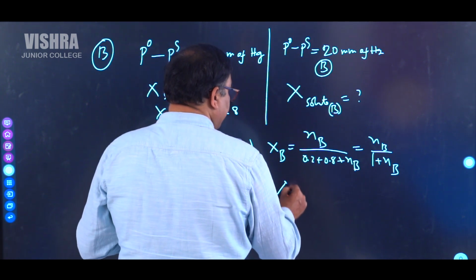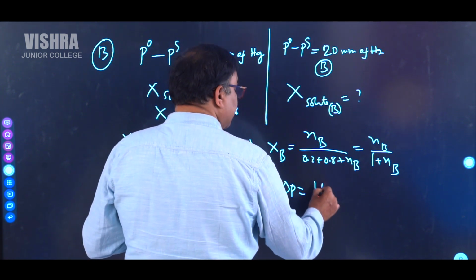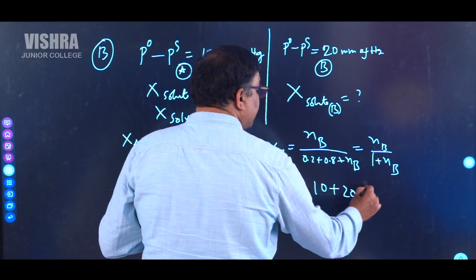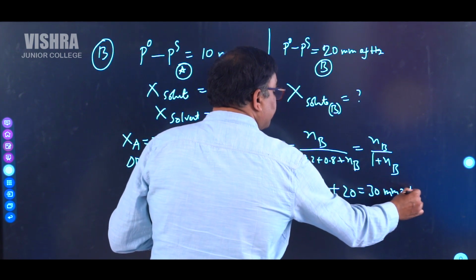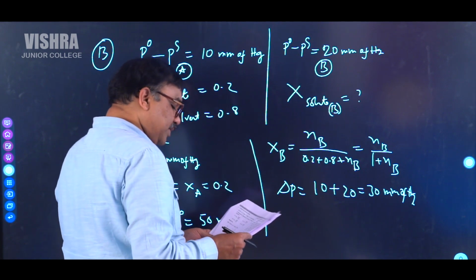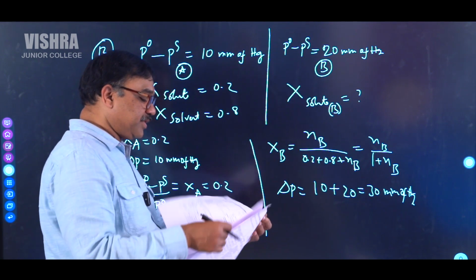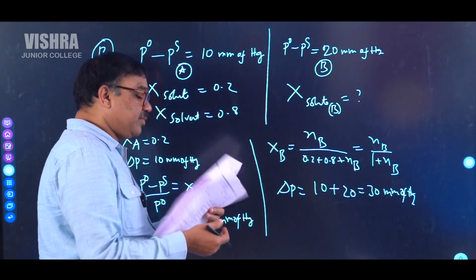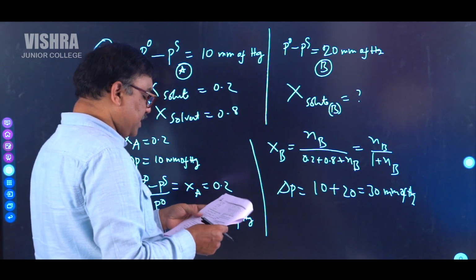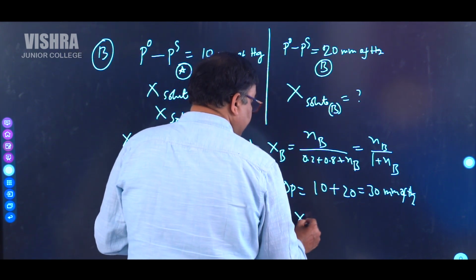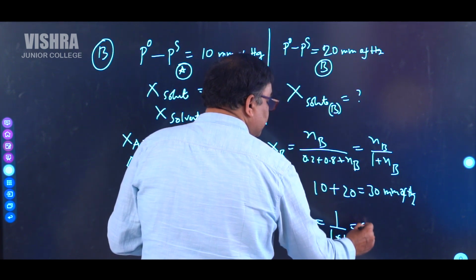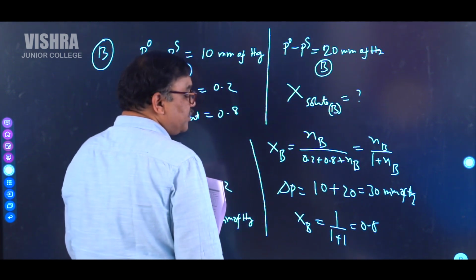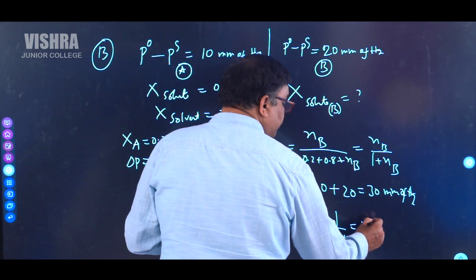So delta P is the sum of all this: 10 plus 20 is equal to 30 mm of mercury. So actually they are asking the mole fraction. Mole fraction we are getting, XB is equal to 1 by 1 plus 1, which is equal to 0.5 because it is 1 by 2. 0.5 it is.